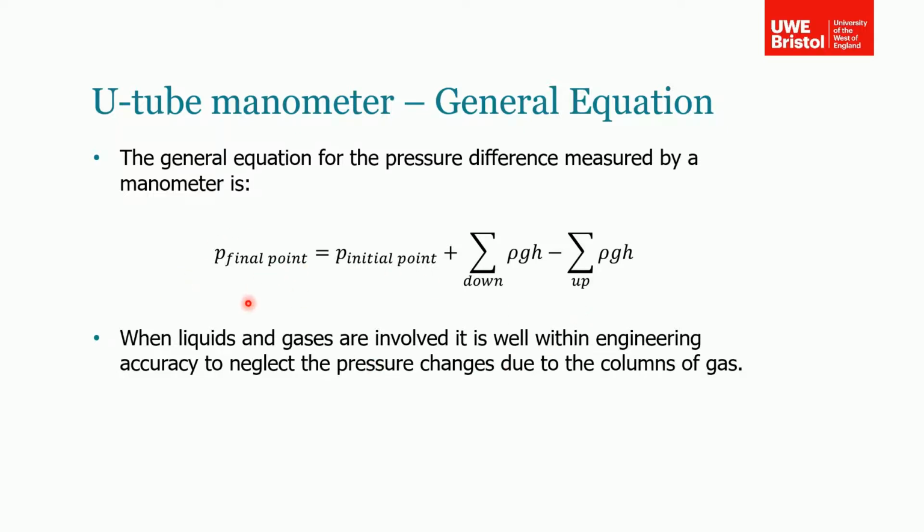You set what your final point is, and the pressure is the initial point plus the sum of the hydrostatic pressures where you go down one of the tubes, minus the hydrostatic pressure where you come up some of the tubes. If you remember this rule, you can pretty much solve any problem.